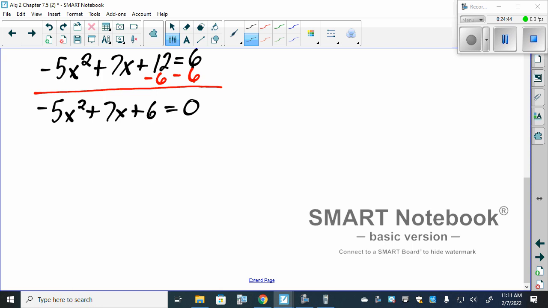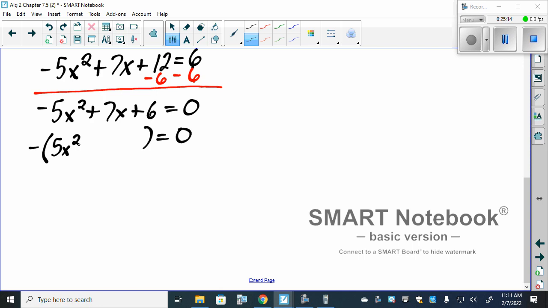What can we do next? Factor out what? And what would the greatest common factor be? Is there a number that goes into 5, 7, and 6? Well, no, but there is something that I would pull out. I would pull the negative out, because if we pull that negative out, it's going to turn the negative 5x squared into being positive.